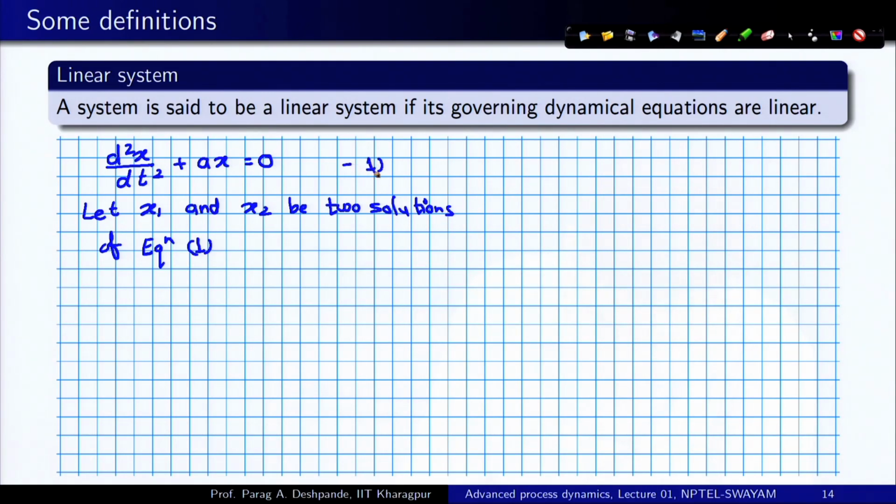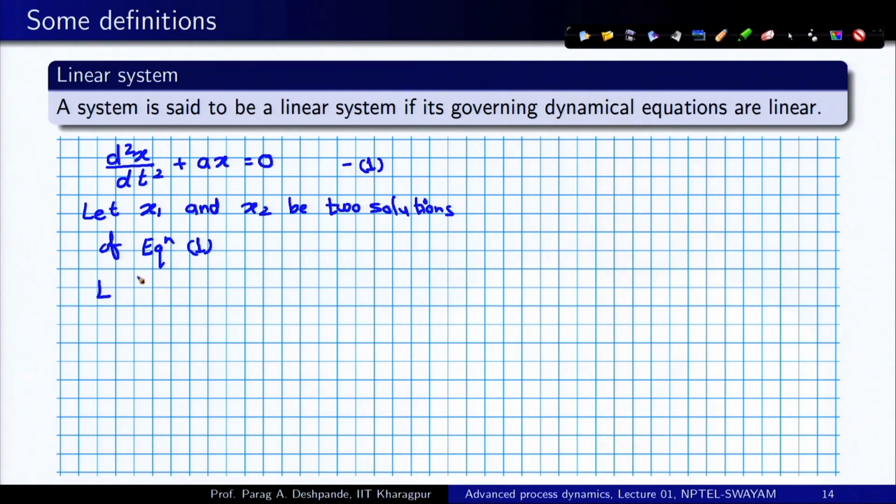This is my equation 1. Since I have a linear system, the solutions would lie in the linear vector space. So, any two solutions are x 1 and x 2.